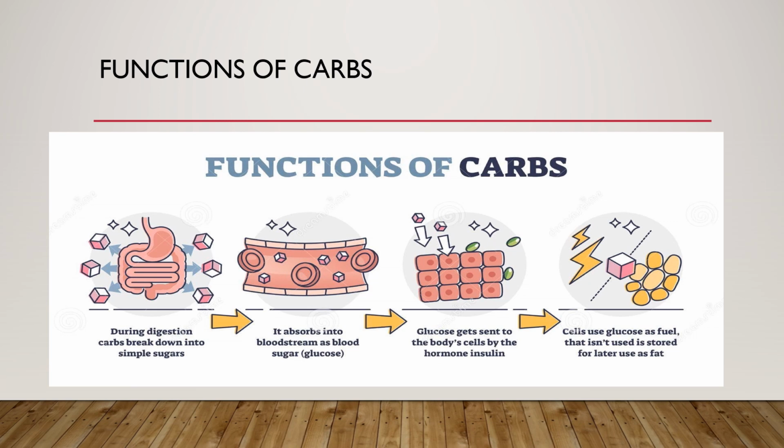So when you hear people saying eat less carbs, have a controlled portion of carbs, they say it because your unused glucose, unused carbs, are going to convert into fat. So that's why we should eat as much as we actually need. Okay, I hope that was clear.